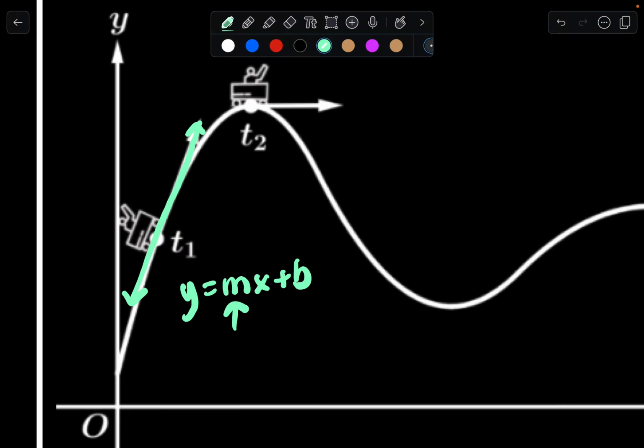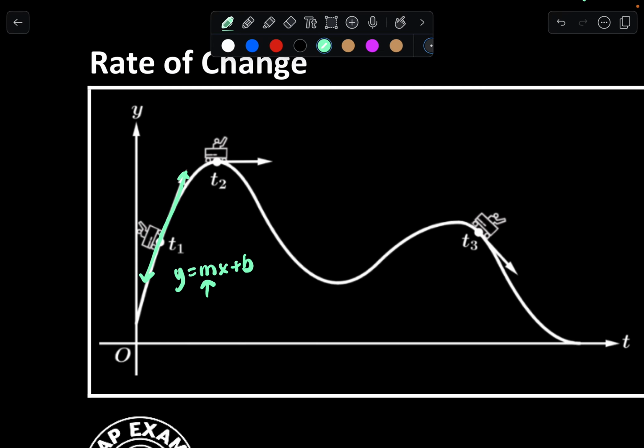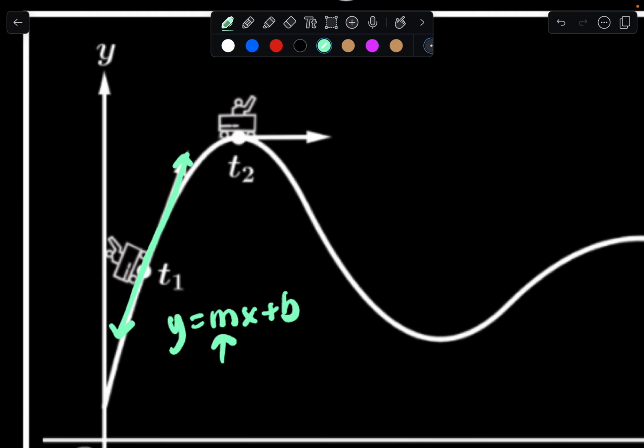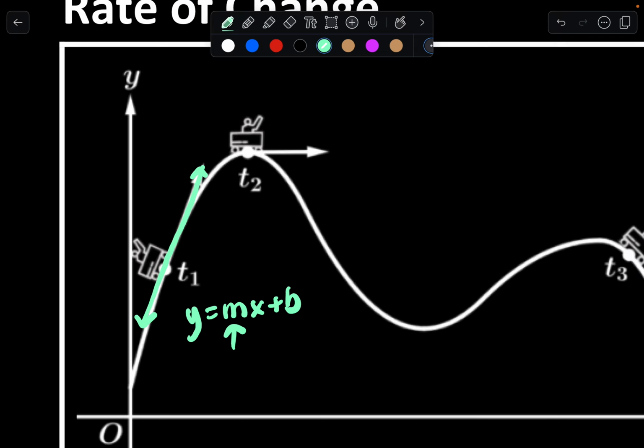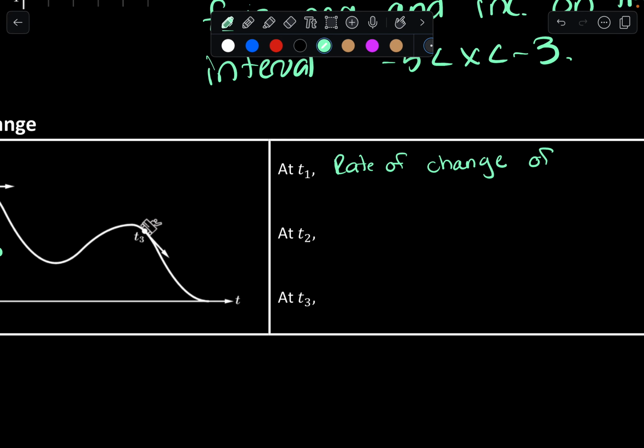Now we're not able to find the exact value of this slope, but we can tell that it is one of 3 values. So at t sub 1, we can see that this has a positive slope, so we can say that the rate of change of f at t sub 1 is positive.